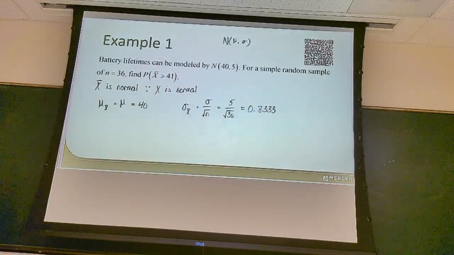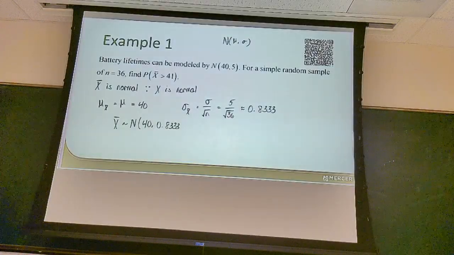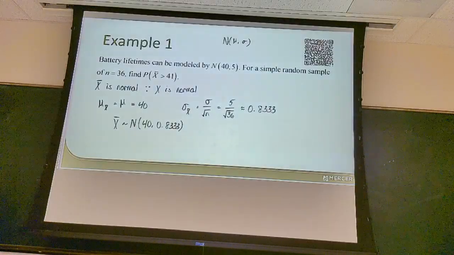That's 0.83 repeating, so let's just go to 4 places, 0.8333. So that's what we can say: X bar is normally distributed with a mean of 40 and a standard deviation of 0.8333.